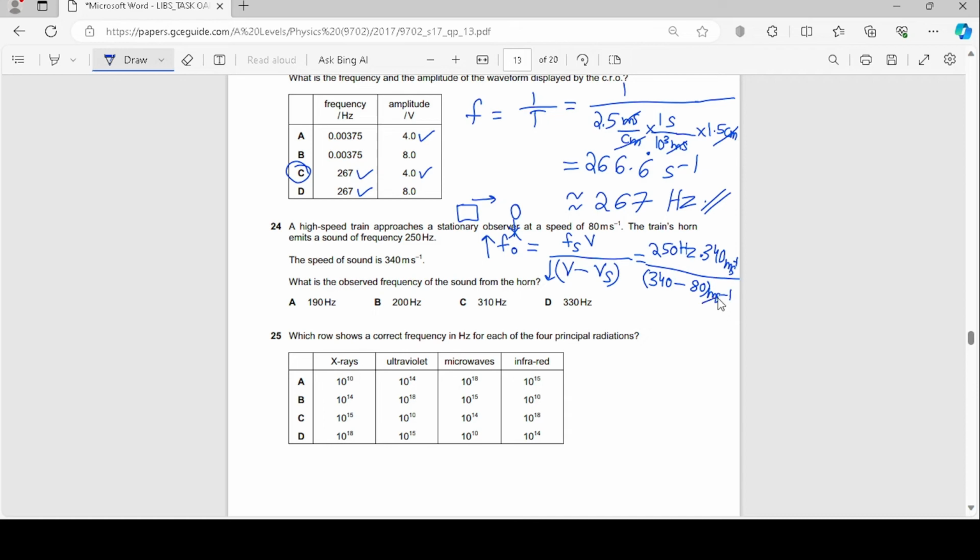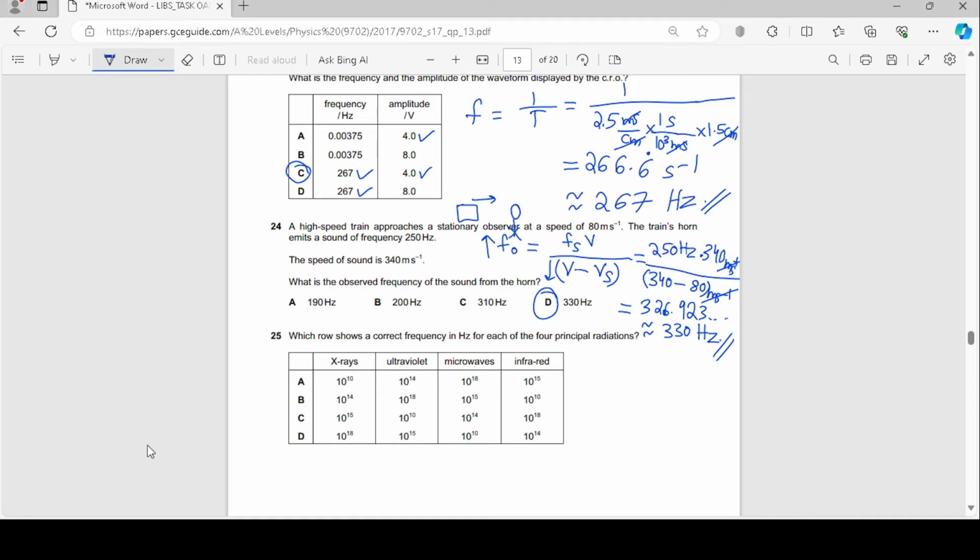So this cancels out and you get the unit in hertz, obviously. So let's do this calculation: 250 into 340 over 340 minus 80. You get 326.923 and so on. So it is approximately 330 hertz, correct to two significant figures. That is closest to option D. Therefore, I'm going to say that option D is the answer.